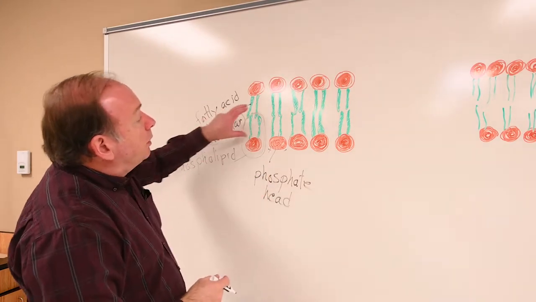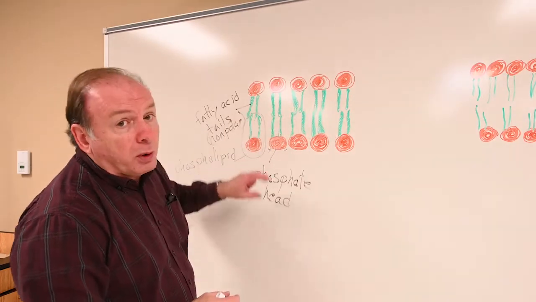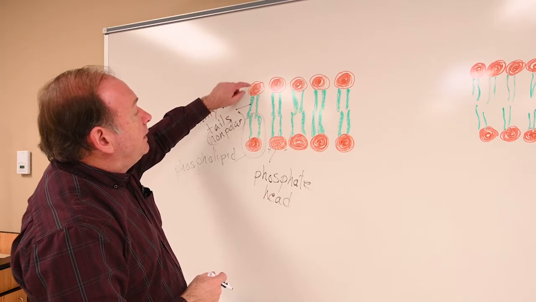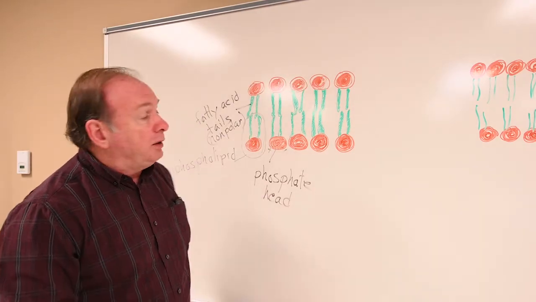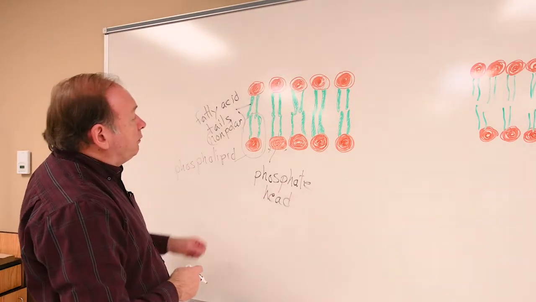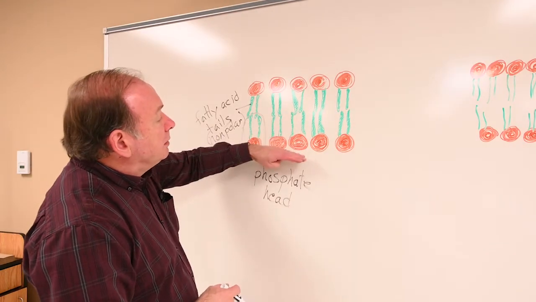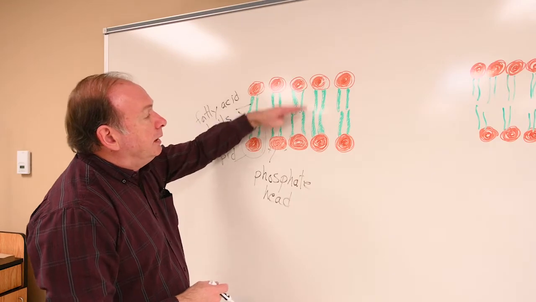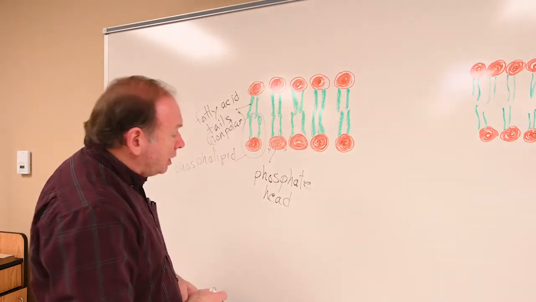So we have the nonpolar region forming the core or middle portion of the membrane, and then the phosphate heads on the outside. So we have polarized regions toward the water, either to the inside or the outside of the cell, and nonpolar elements, the fatty acid component, on the inside.